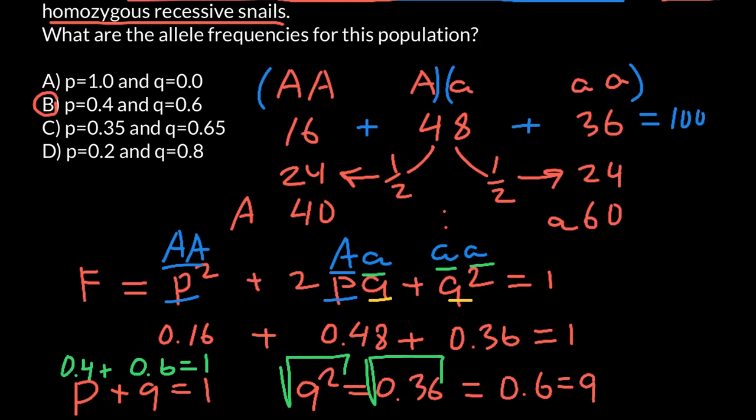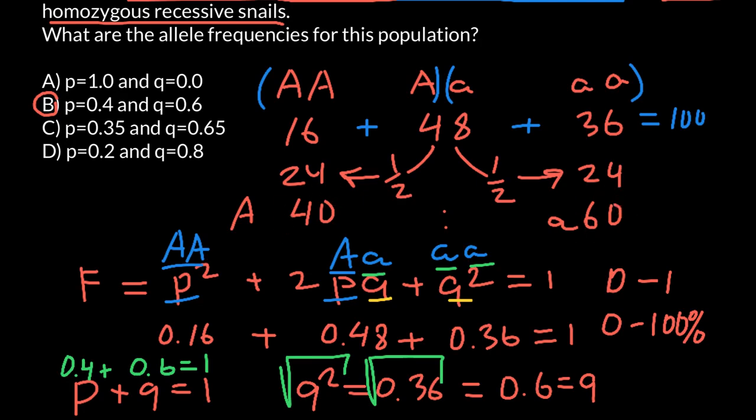So we do all our calculations on the scale between 0 and 1. But if you need an answer on the scale between 0 and 100%, we just have to multiply our answer by 100. And we are going to get 36% here, 48% here, and 16% here, or 40% and 60%.